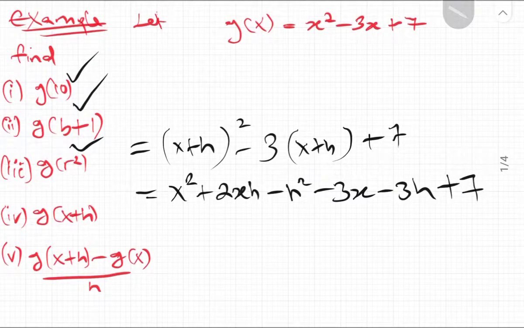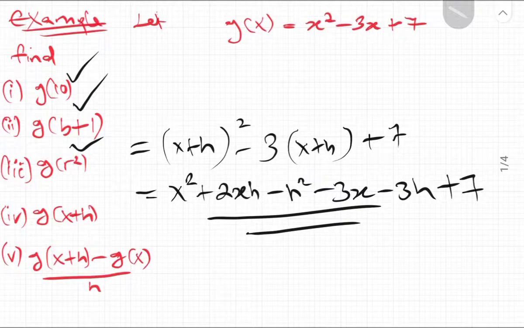Alright, let's see if we can simplify this. Okay, that is just it. So this is the answer. So for an input x plus h, we have an output of x squared plus 2xh plus h squared minus 3x minus 3h plus 7. All right, so we have done number 4.